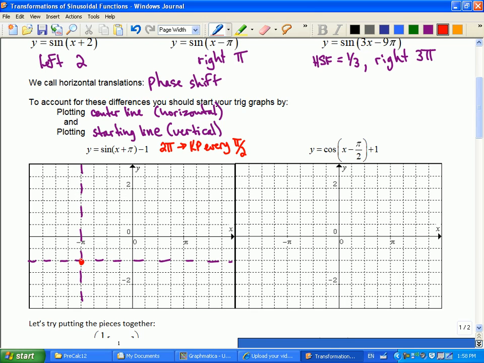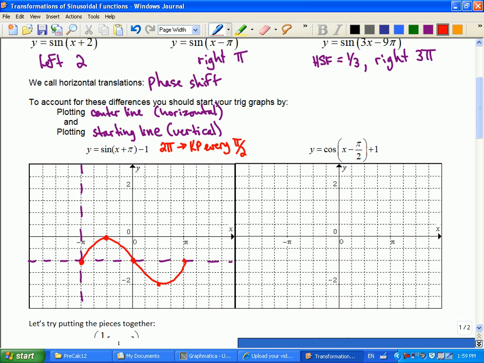So I'm going to go up to here, back down to there. Every pi over 2, I find a new key point. One more time. There we go.